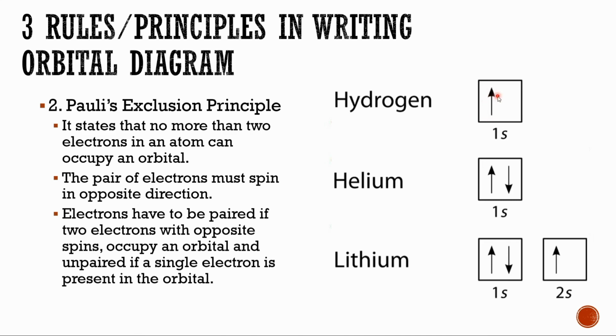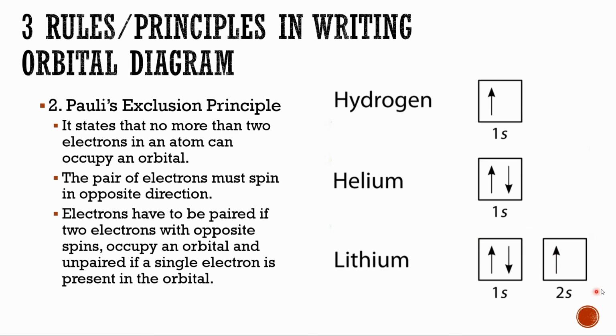So isa lang, gano'n. Isang electron lang. Up ang direction ng electron. Let's say for example, sa helium naman, meron tayong dalawang electron. Kaya tignan nyo sa periodic table of elements, number 2 natin is helium. Meron po siyang 2 electron. So, isang up at isang down. Now, sa lithium, which has 3 electrons, meron po tayong up and down, and then sa bagong orbital, doon po natin ilalagay yung isa na naman pong electron.